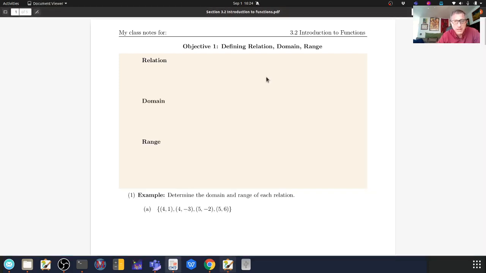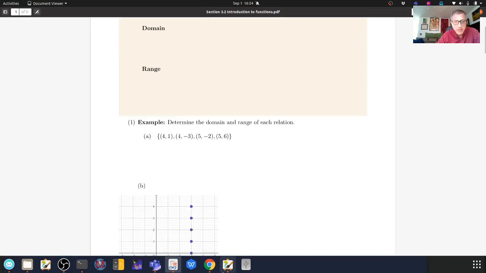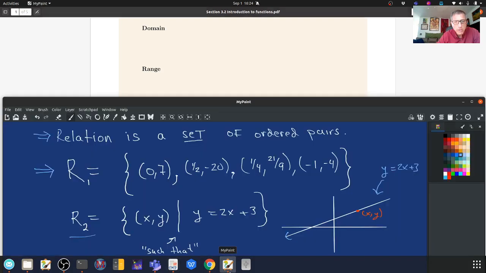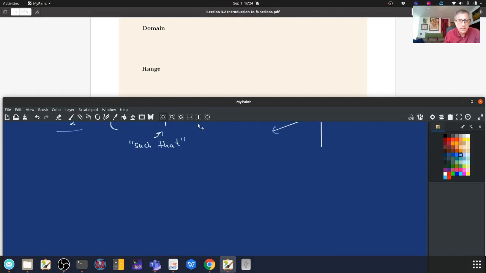Let's go on to the second concept, the domain. So the domain is a word whose meaning depends upon the context. What we're talking about here is the domain, and what's understood of a given relation. So there's no general answer to this.